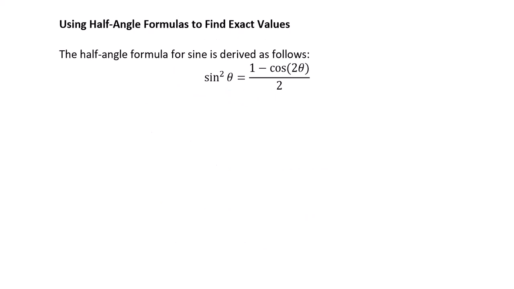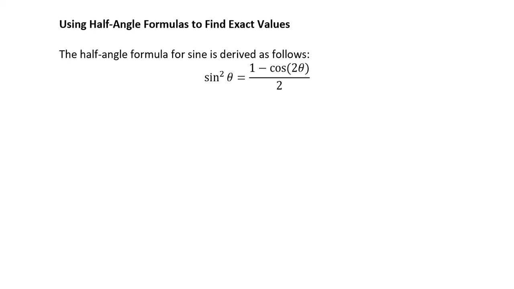Now using half angle formulas to find exact values. The half angle formula for sine is derived as follows. Sine squared of theta is equal to 1 minus cosine 2 theta over 2.